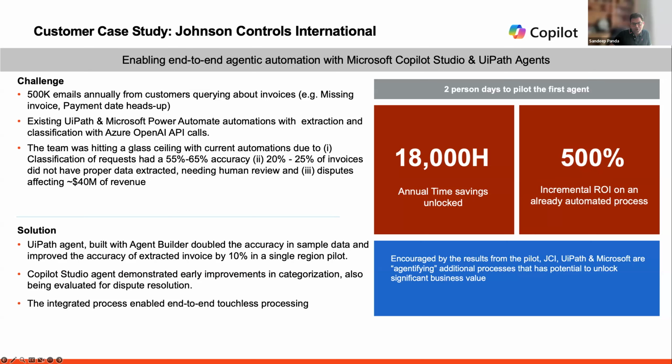We talked about costs earlier. It was an expensive process, but when they were able to take hundreds of thousands of invoices into the background, into end-to-end touchless processing, where before someone had to manually review and do matching, taking time and effort, they saw an overall 500% ROI.